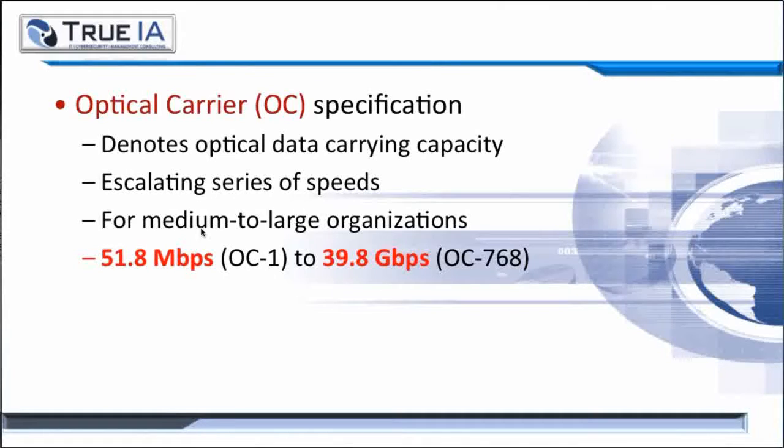Starting with the OCs, or the optical carrier. These are what most of your medium or large size organizations' connections to the internet are. An OC1, for instance, has 51.8 megabits per second, whereas going all the way up to an OC768, you're up to 39.8 gigabits per second.